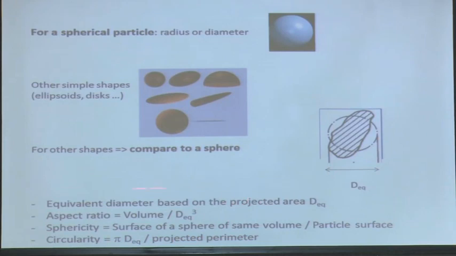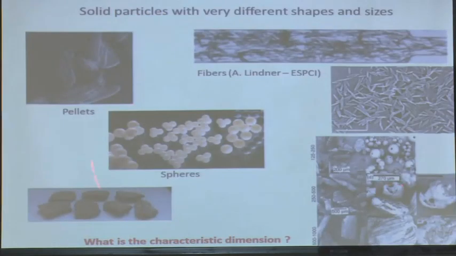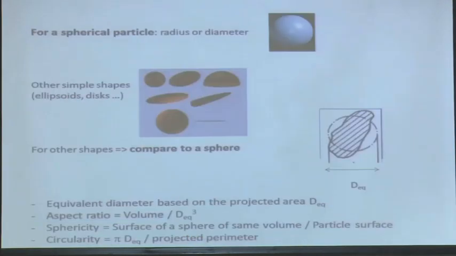Usually what we do is to look for an equivalent diameter because we have in mind that we want to compare these complex shapes to a simple sphere, because we know what will be the forces acting on the simple sphere. So we try to evaluate an equivalent sphere in terms of hydrodynamic response.